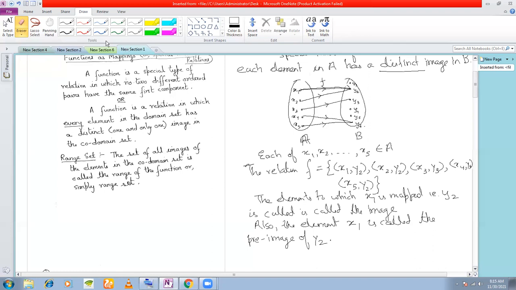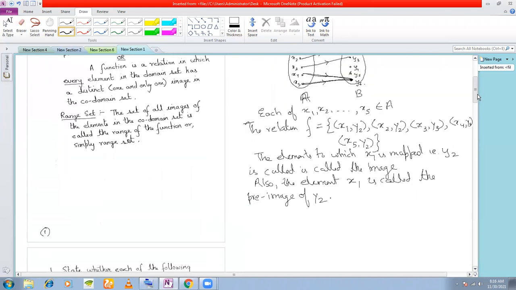But pre-image we'll see later. First of all, what you must remember is that Y2 is the image of X1, Y2 is the image of X2, Y3 is the image of X3, and Y6 is the image of X4, and Y2 is the image of X5. Okay. All this you must know.